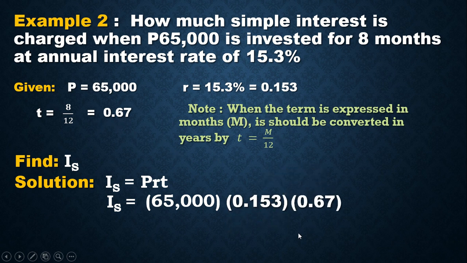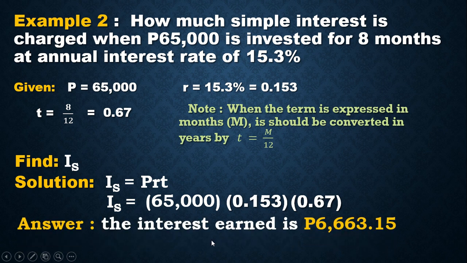Next step po natin, i-multiply po natin tong PRT. The principal times the rate times the term, or time. So, ang simple interest na pwede natin makuha sa ating ininvest ay 6,663.15. Again, paano po nakuha ito? Minultiply po natin ang ating principal, rate, and the term.